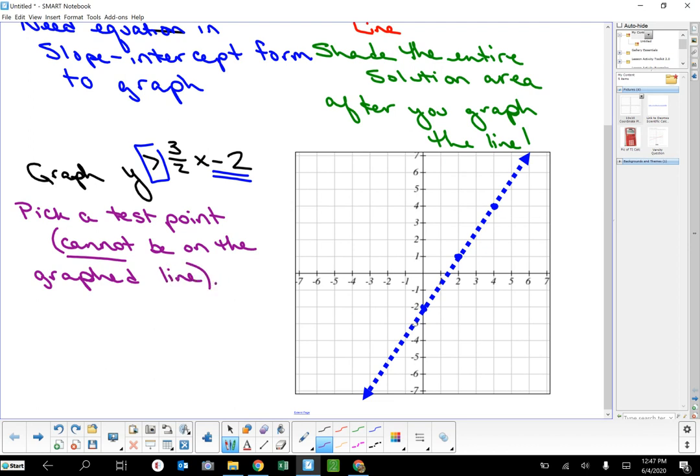It cannot be on the graph line. And the easiest one, if you can, is to make your test point, TP, test point, 0, 0, as long as it's not sitting on that line. All right, so we're going to pick that. And then what you're going to do with it is plug it into the original equation.